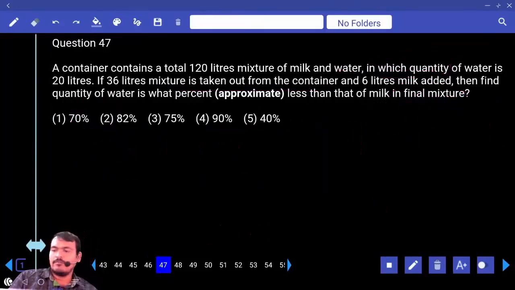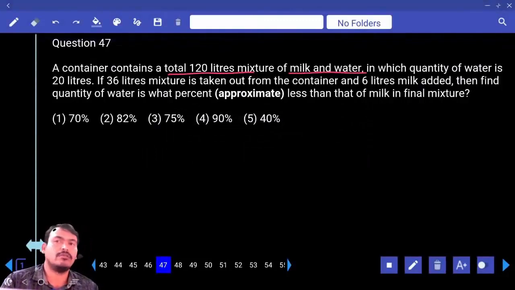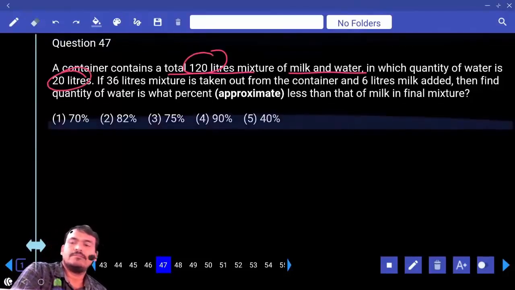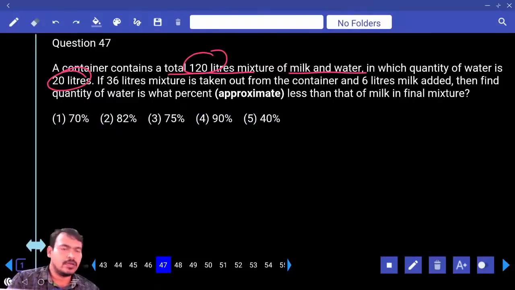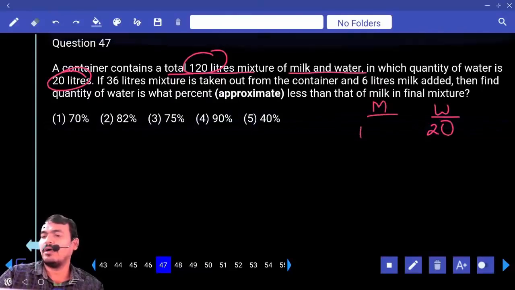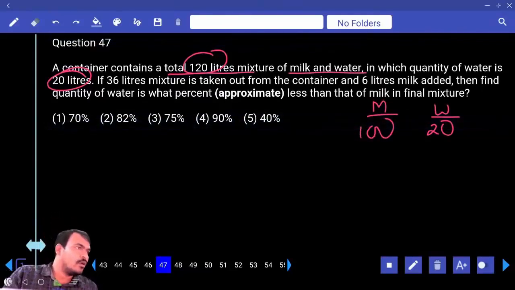Final mixture. First of all, the initial vessel contains how many liters? 120 liters of mixture of milk and water. Out of 120, 20 liters are which one? Water or not? 20 liters are water. If water is 20 liters, milk will be how many liters? 100 liters or not? Okay.